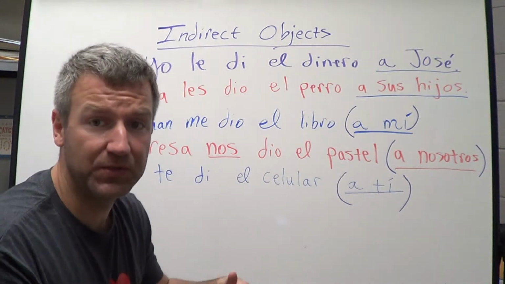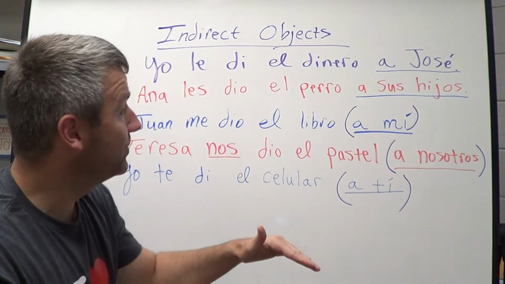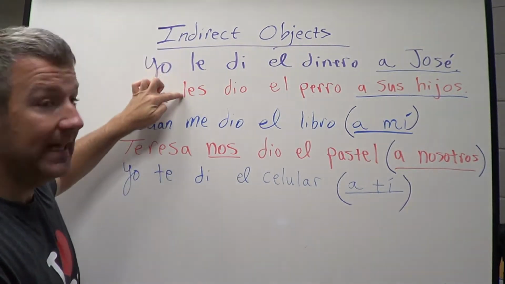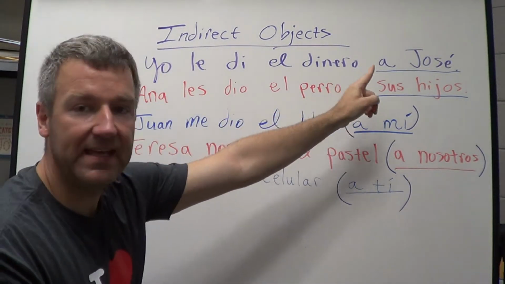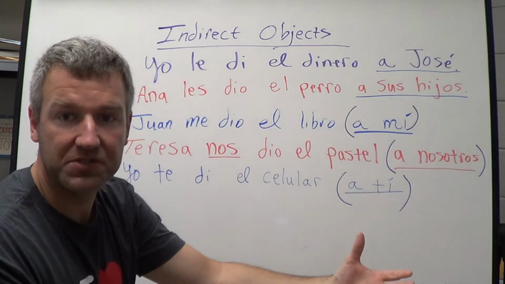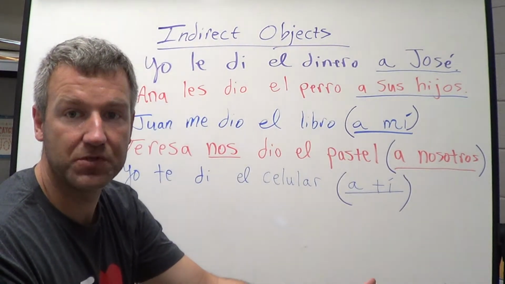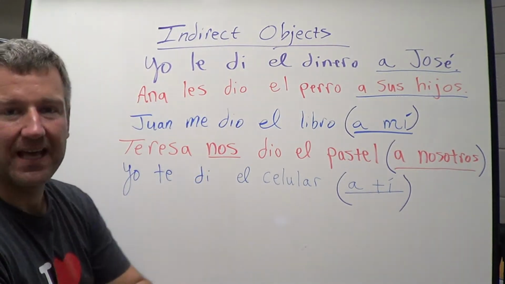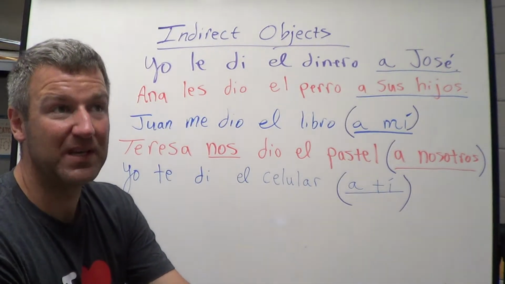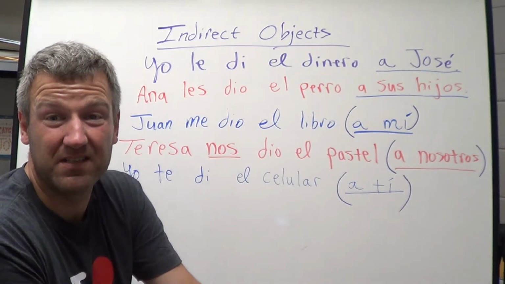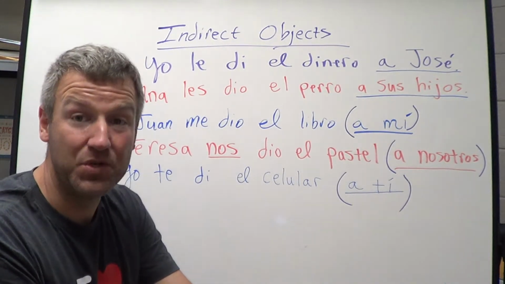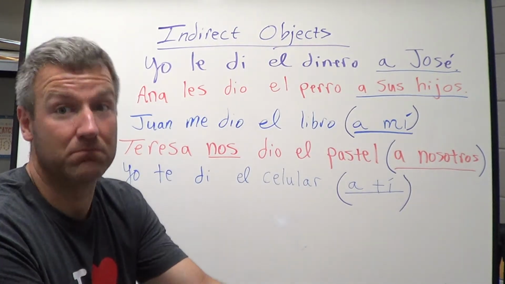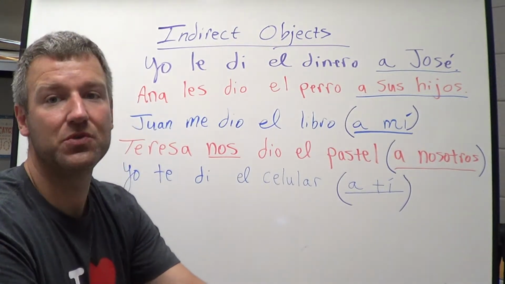So real quickly to summarize what I just said, when you're using le and les, you have to have at the end some clarification so you'll know who the le and the les refers to. Right here when you're using me, nos, and te, it's not necessary to give any clarification at the end of the sentence, because me and nos and te are obviously referring to me, to you, to us.